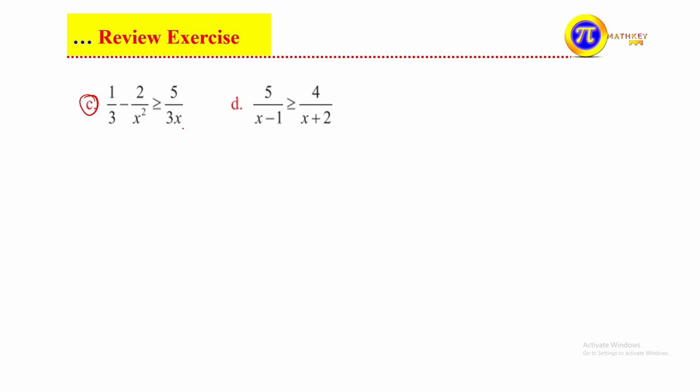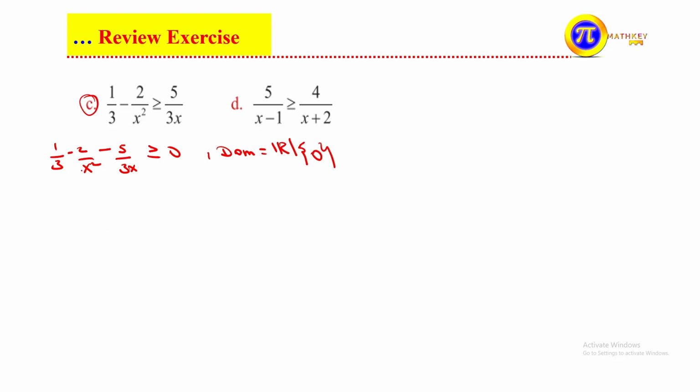Again, we collect them together on one side: 1/3 - 2/x² - 5/(3x) ≥ 0. Taking 5/(3x) to the left side, we restrict the domain. Since we have x² and 3x in the denominators, x is all real numbers except the zeros of the denominator, so the domain is all real numbers except 0, because the denominator is 0 at 0.